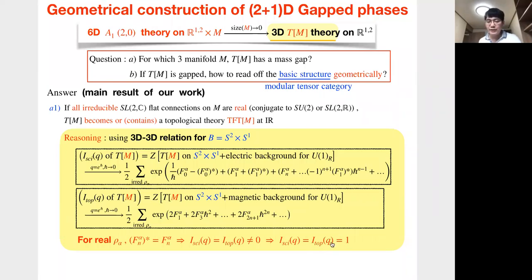And the topological twisted index also becomes 1 because there is only one ground state on the two-sphere for a topological field theory. So this is the only way to explain the equality between the Schur index and the twisted index. So we claim from this argument that if the 3-manifold satisfies this condition, then the resulting 3D theory should be a topological theory, in the sense that the Schur index becomes trivial. There are no non-local operators.